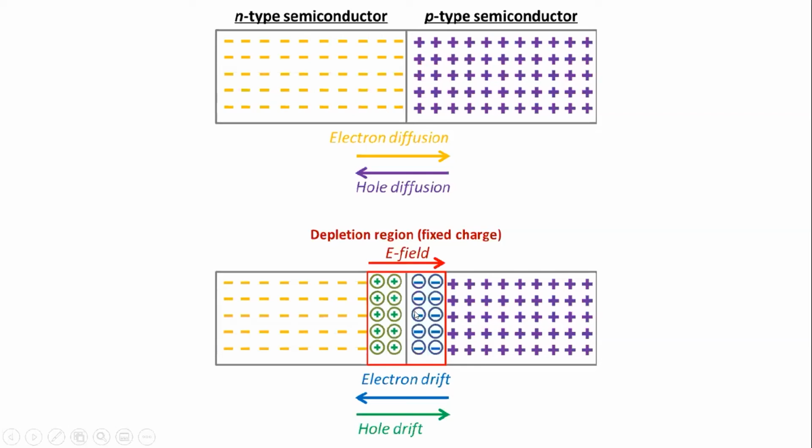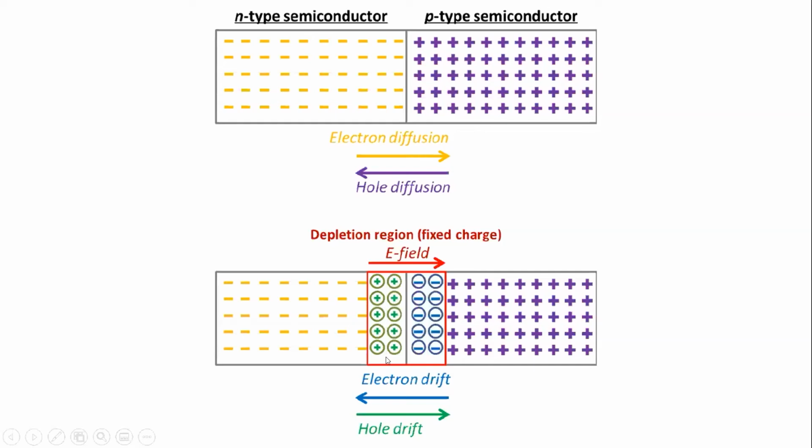Okay, so initially the diffusion will dominate, and once the diffusion at the interface goes on for some time, and these immobile charges develop more, then they will start to drift the electrons. That means whichever electrons come here, they will repel and move away.